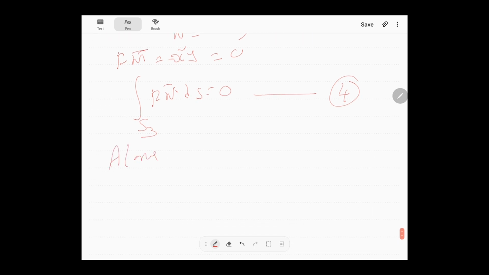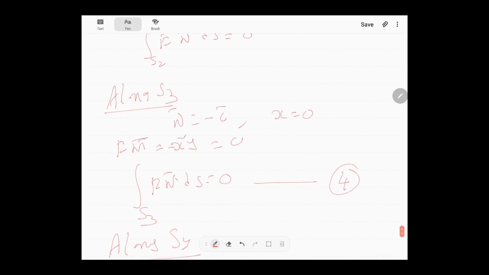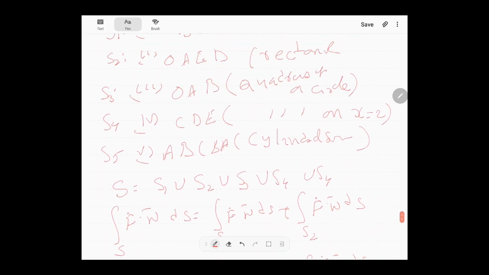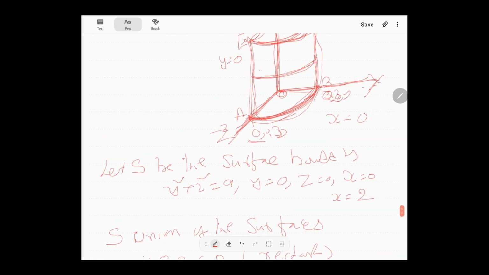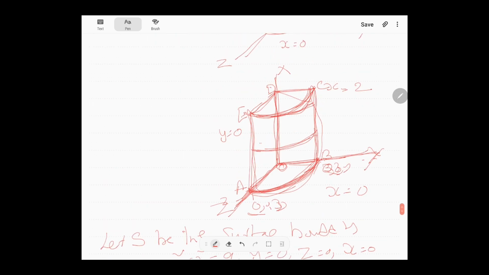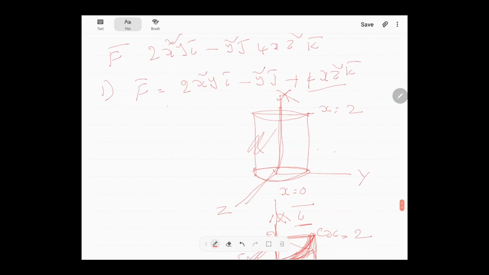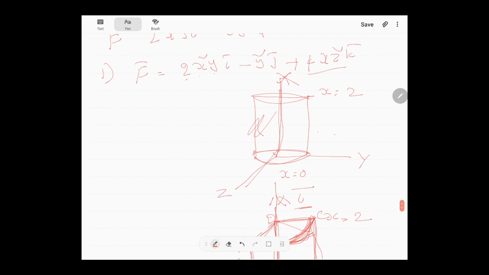Now along S4, what is your S4? S4 is the CDE, which is the quadrant of the circle on x is equal to 2. So this is CDE, this is the surface. For this surface, outward normal vector is in this direction, i bar. n bar is i bar. When n bar is i bar, what is f bar dot n bar? F bar dot n bar is 2x square y. The surface is on x is equal to 2.